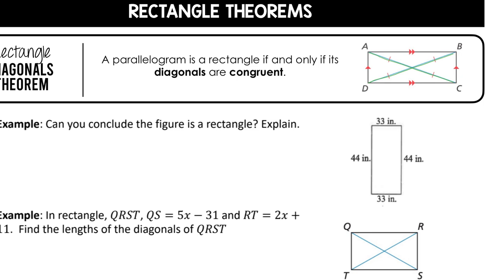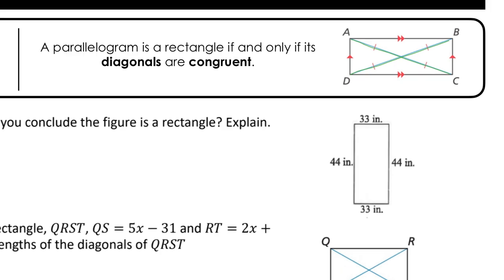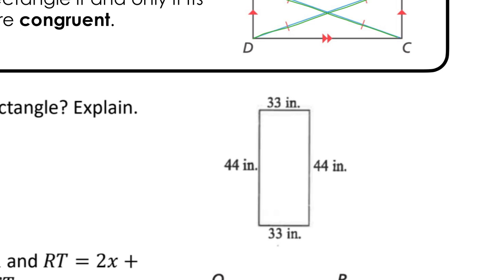So in this first example, it says, can you conclude that the figure is a rectangle? What they're showing us here is that the opposite sides are equal. Now, I know it looks like a rectangle, but that's actually not enough information to say that this is a rectangle, because the definition of a rectangle is that it has 4 right angles. That's the only way to prove that this is a rectangle.